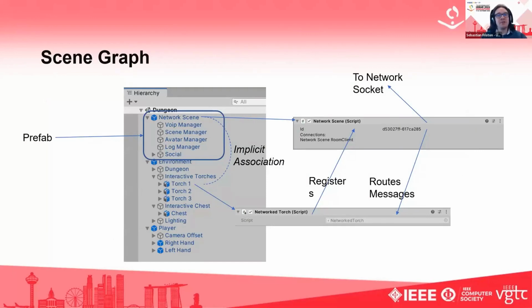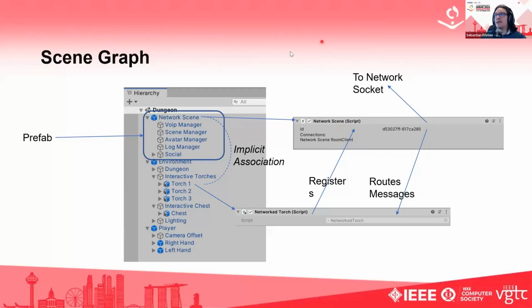Ubiq derives a lot of information from the scene graph. So users place their network components on game objects. Obviously, that's a basic principle of how Unity operates. When the application starts, these components will associate themselves with a network scene. And this is a game object with a Ubiq component called network scene.